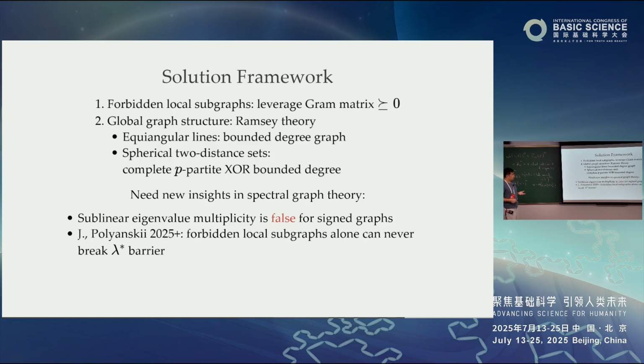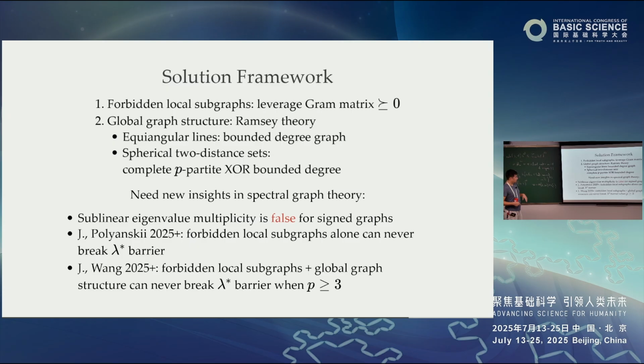In the work with Polyanskii, we also noticed that if you only use the first condition, you only try to play this local game, and you try your best to play the local game, it will never break the lambda star barrier that is present in the work. And very recently with Wang Zhiyu, we showed that even with the second result, where you also leverage this global graph structure, you will never break this p at least 3 and lambda star barrier.